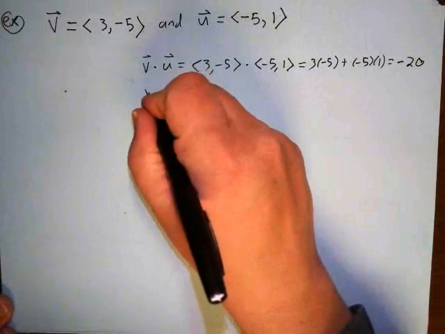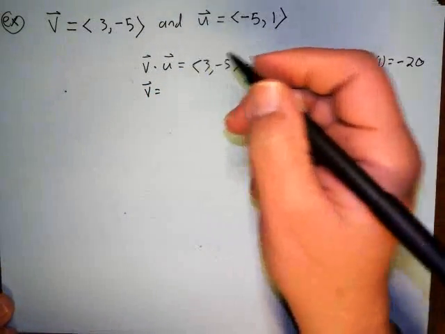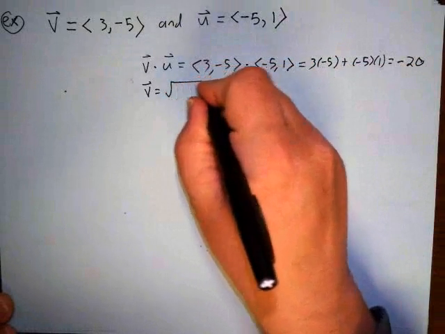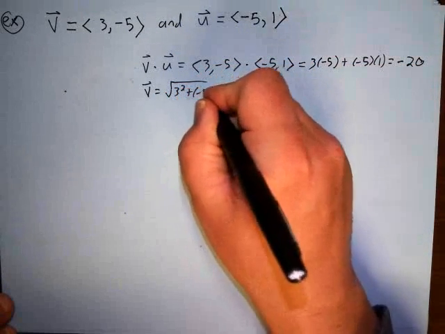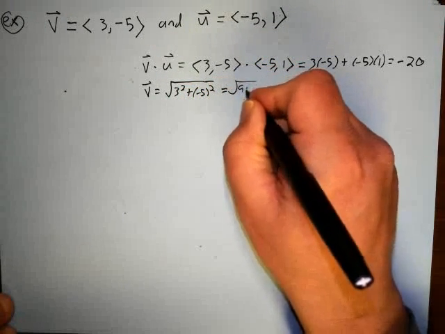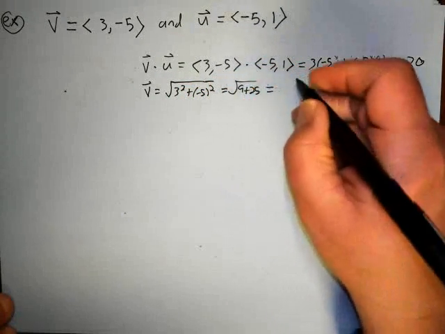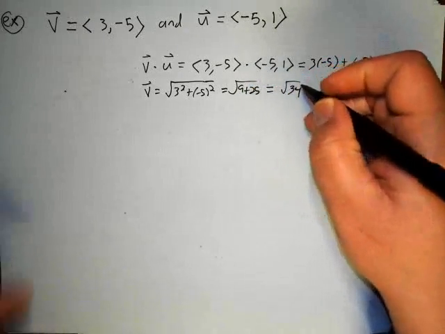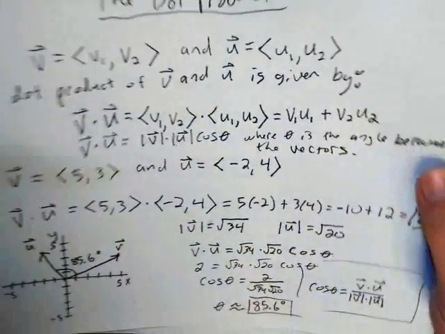So now let's find the magnitudes of these. So the magnitude of V is going to be the square root of 3 squared plus negative 5 squared. So 9 plus 25, which is square root of 34. Was that the same one that I had on the front? Oh, 5, 3.